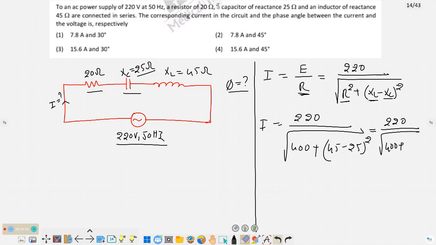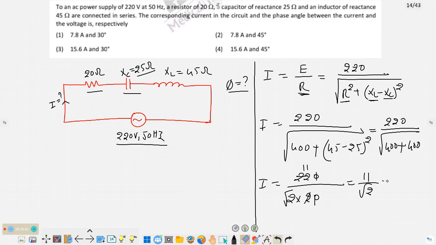So I is equal to 220 by the square root of 2 times 400, which is root 2 times 20. I can cancel the zeros, 2 elevens, so 11 by root 2, you got that.